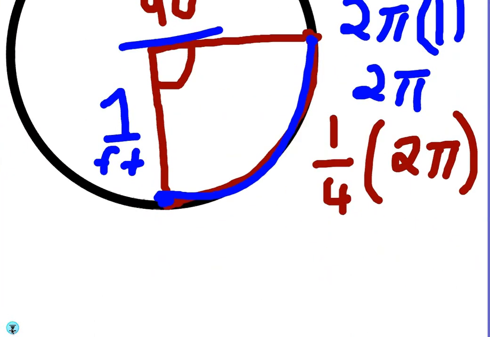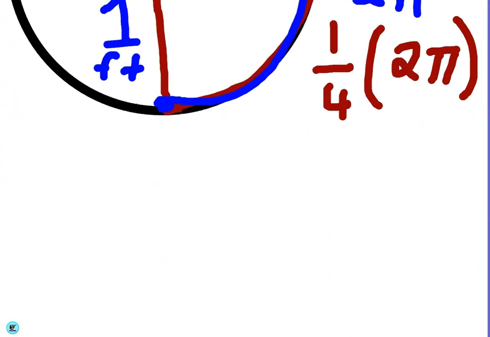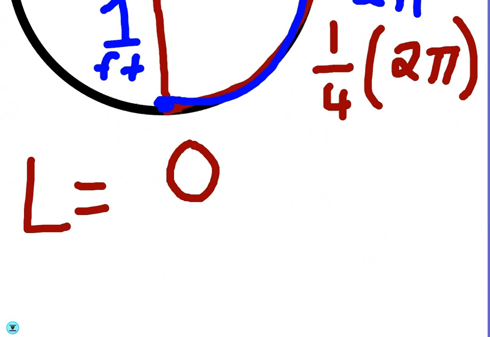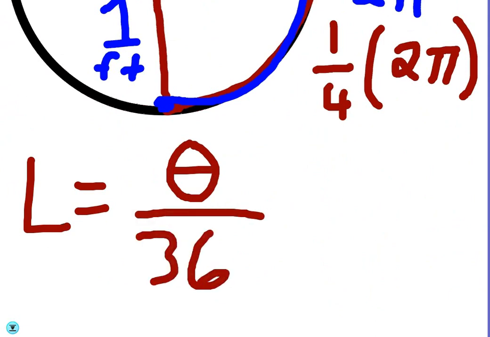So now I'm going to give you what the formula is going to look like. I'm going to break it down for you. We're going to use the letter L for arc length. The first part of the formula I will explain: theta over 360. That will give you that fraction of the circumference.